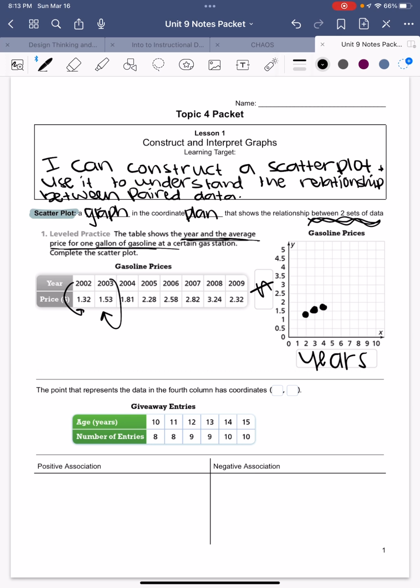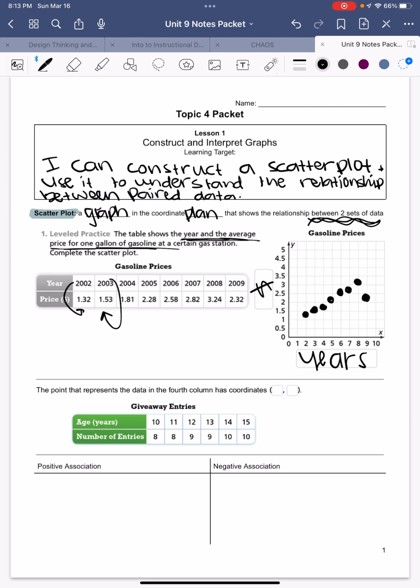Obviously, it's a small graph, so just do your best. 2005, $2.28. 2006, $2.58. 2007, $2.82. 2008, $3.24. 2009 at $2.32. So it actually goes down a little bit in that one, which we can talk about at a different time, the reasonings for those.